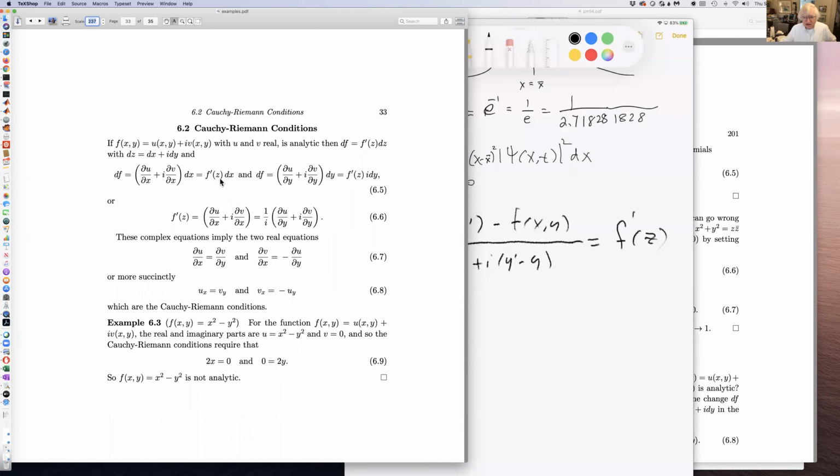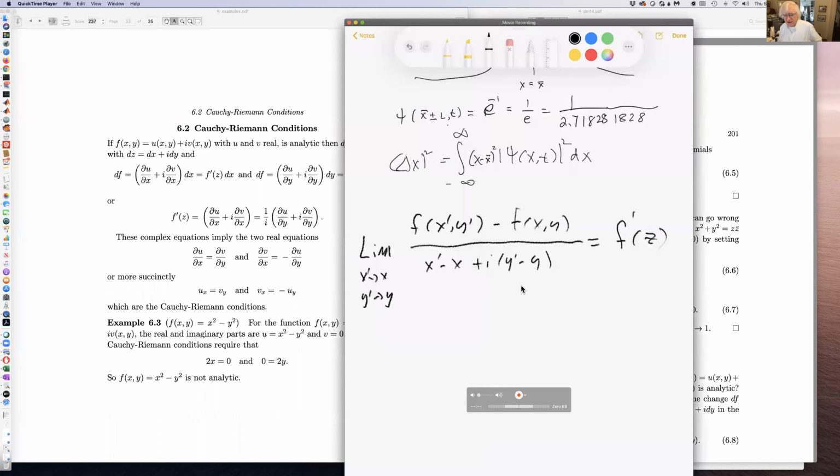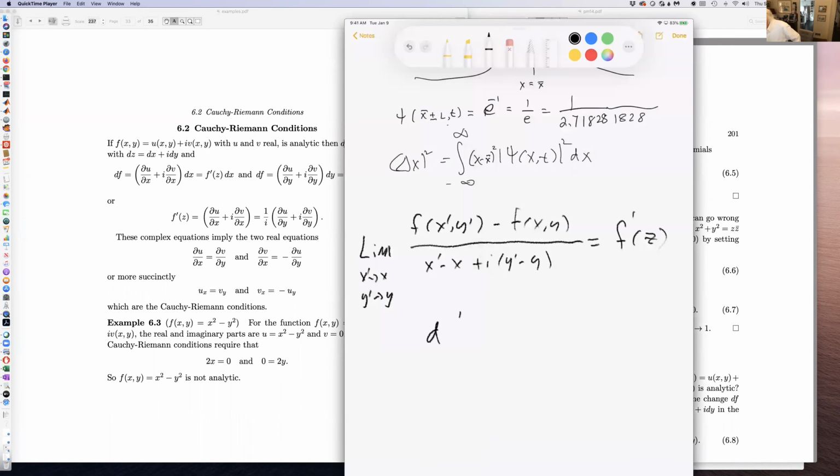The idea here is that df is always equal to f prime of z dz, no matter how dz approaches 0. If you divide df over dz, you get the same coefficient f prime.